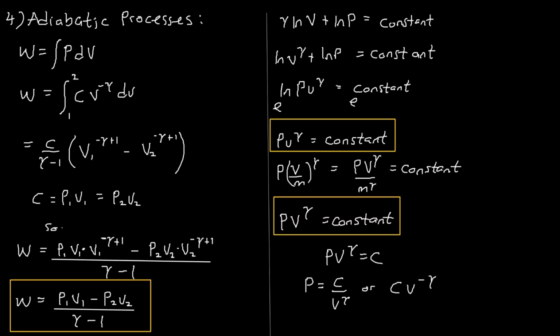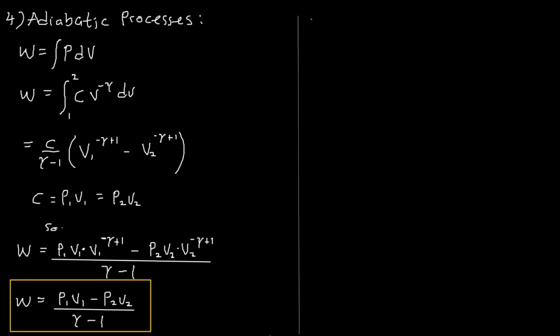Also, using PV equals RT, we can derive TV and PT relationships for an adiabatic process for an ideal gas. For our temperature volume relationship, if PV to the power of the specific heat ratio is constant, then P equals C over V to the power of gamma.